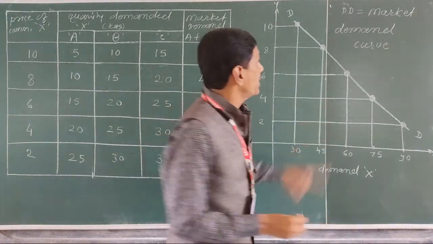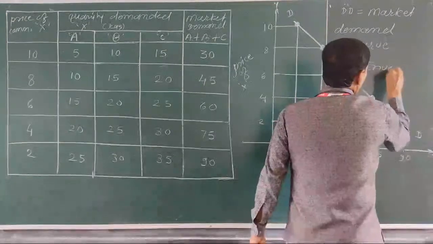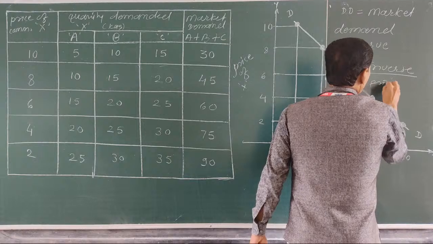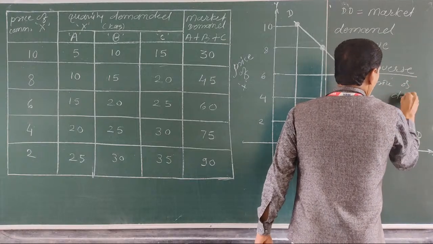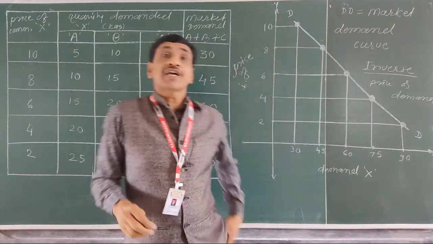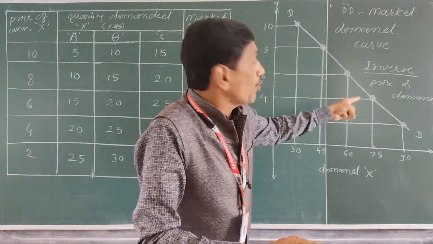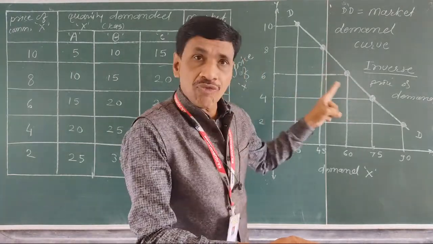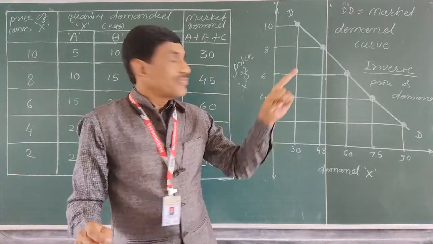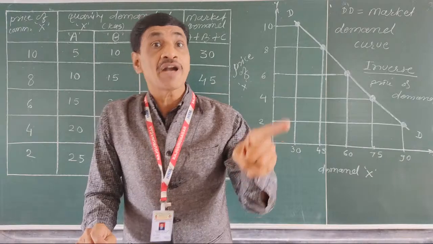DD curve indicates there is an inverse relationship between the price and quantity demanded because when price falls, then demand rises, and when price rises, then demand falls.